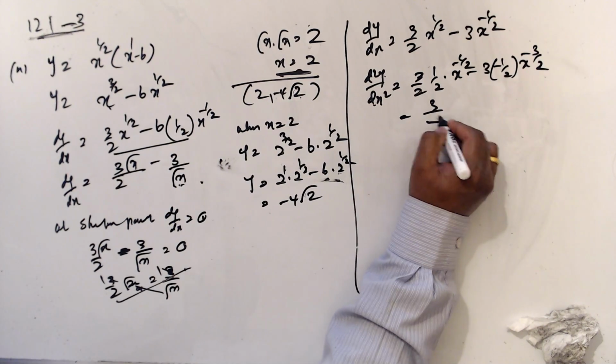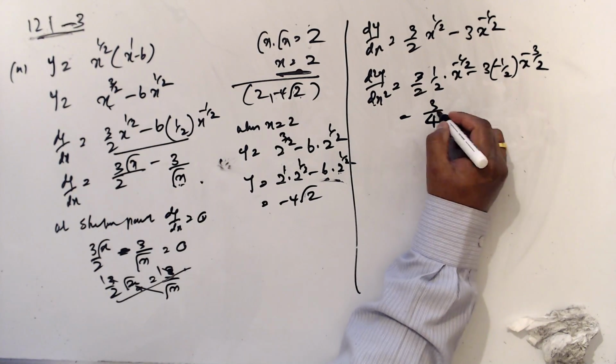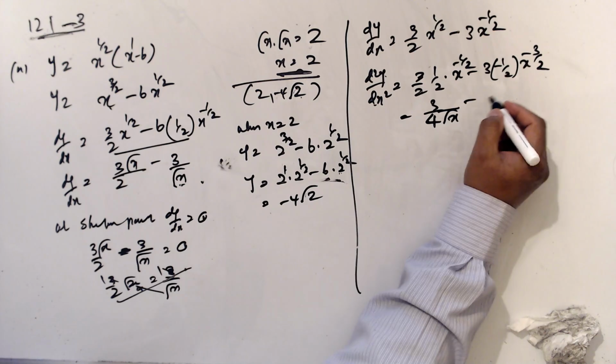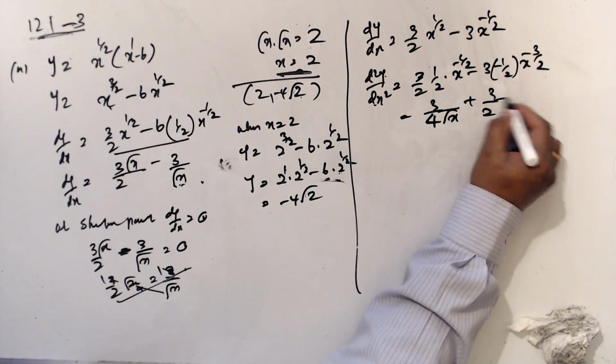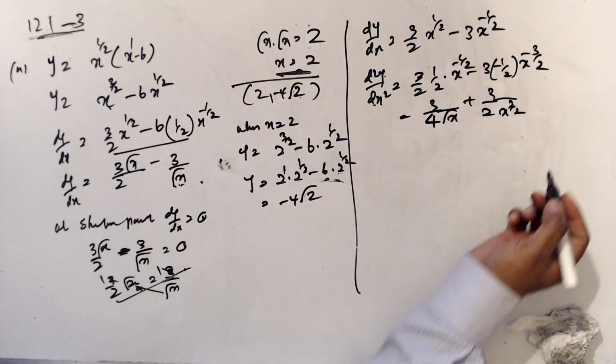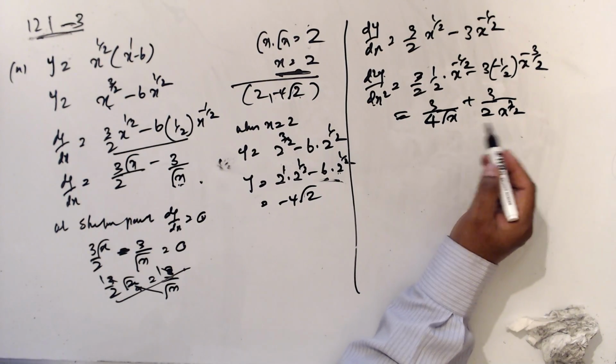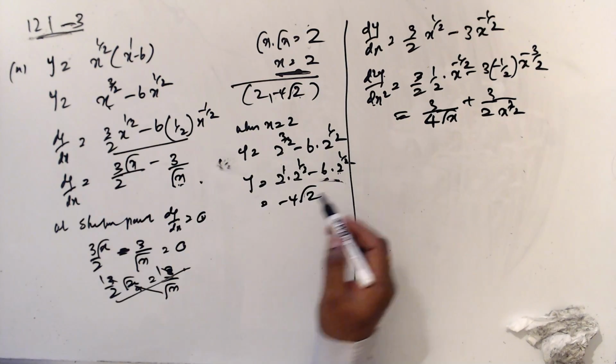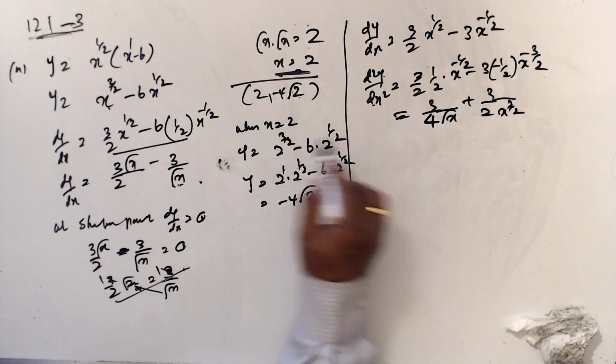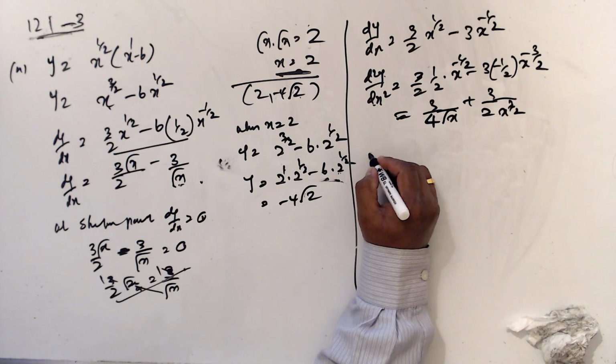So this is 3 over 4 over square root x, plus 3 over 2 over x to the 3 over 2. I can see that all are positive. Then if x is positive, this answer is going to be positive.